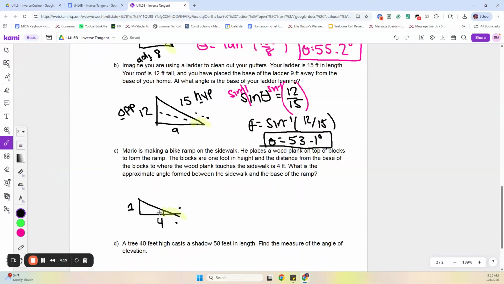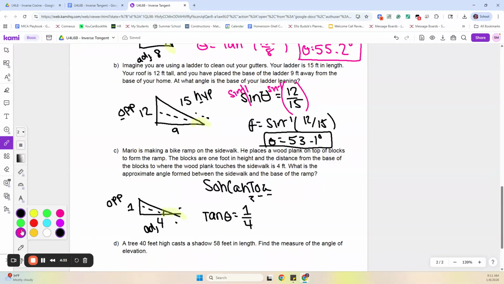So in this case, I got my opposite, and then I got my adjacent. So again, opposite adjacent, if we deal with SOHCAHTOA over here, opposite and adjacent go with tan. So tan of my angle, theta, equals my opposite over my adjacent. We do tan inverse.